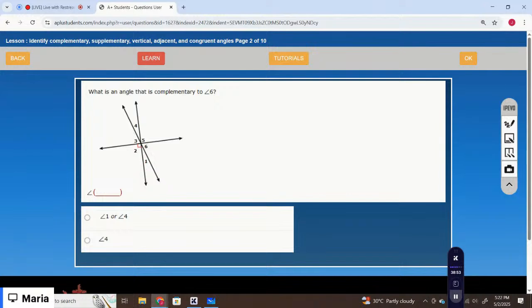What is the angle that is complementary to angle 6? Complementary angles are angles that measure up to 90 degrees.